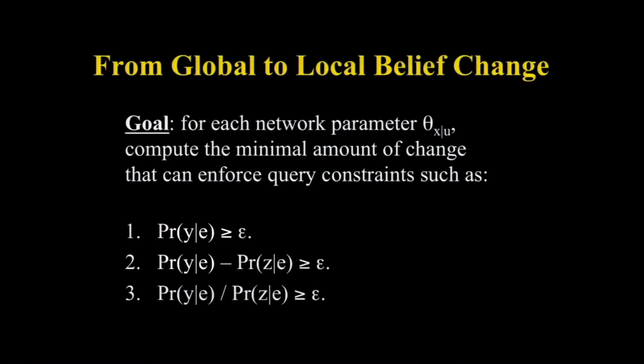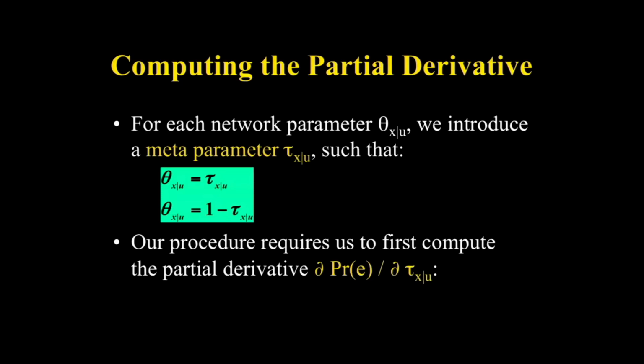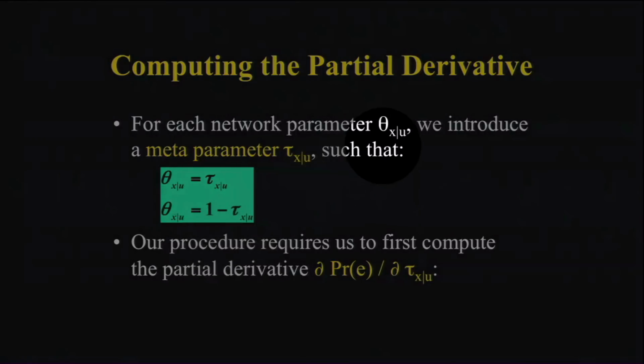Right? So we're going to do number 1, but basically the same thing applies for the other 2 types. And here's something you have to realize: let's say you're talking about a particular variable x, and this is one particular value of that variable x, and therefore a particular parameter. If you change this parameter, you must change the other ones for that particular variable, because they always have to add up to 1.